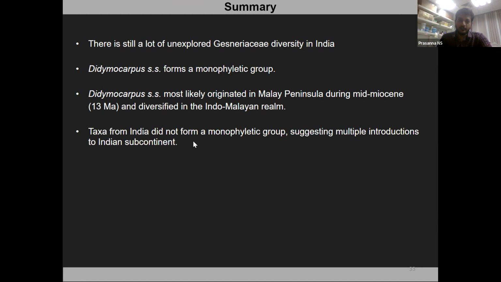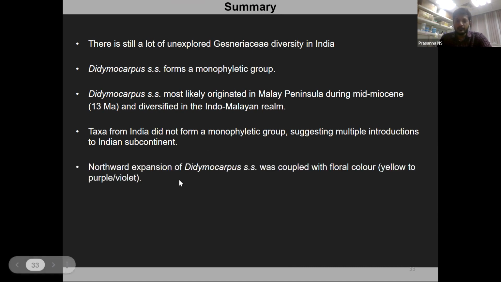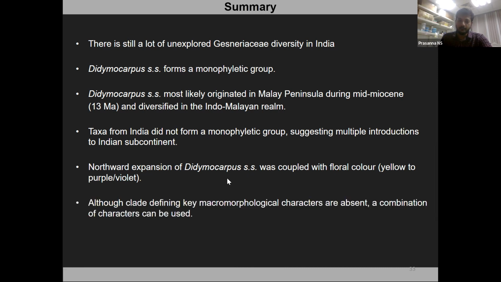Taxa from India did not form a monophyletic group, suggesting the possibility of multiple introductions to the Indian subcontinent at various times. Northward expansion of Didymocarpus was coupled with floral color change, mainly from yellow to purple or violet.